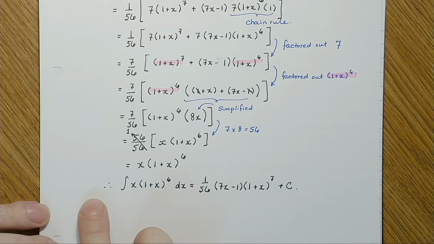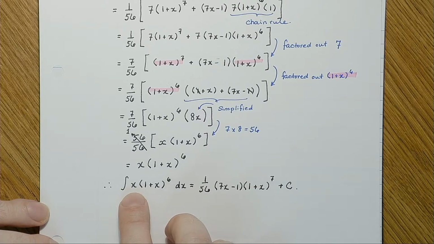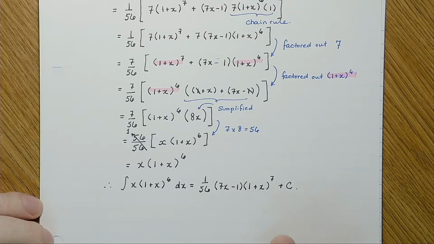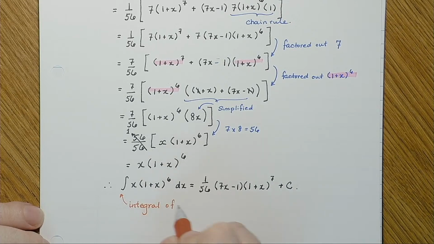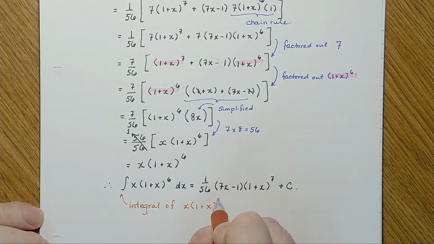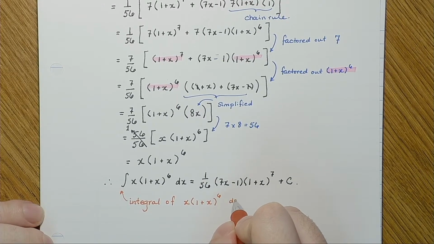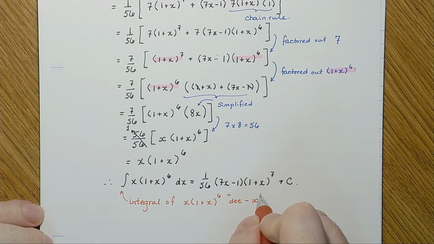So I would say, therefore, the integral of x times 1 plus x all to the 6 dx is equal to 1/56 times 7x minus 1 times 1 plus x all to the 7th plus c. So that's the integral of x, and dx.